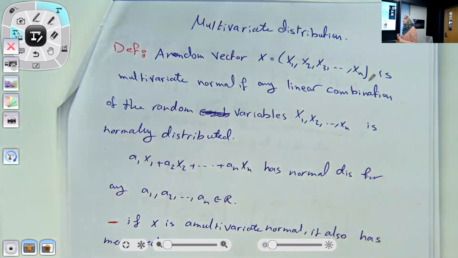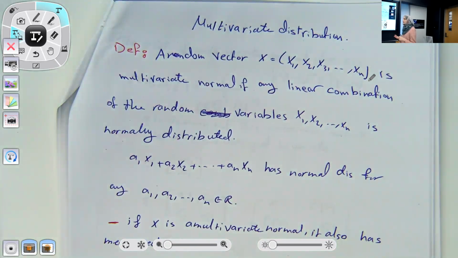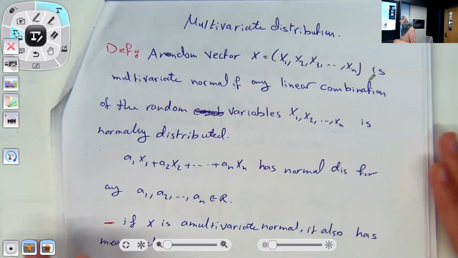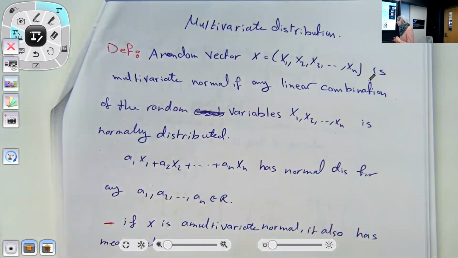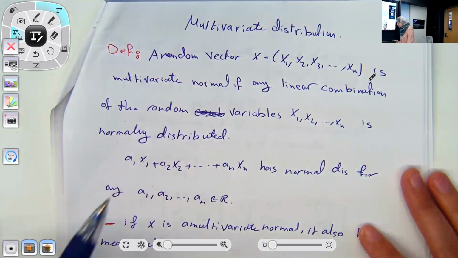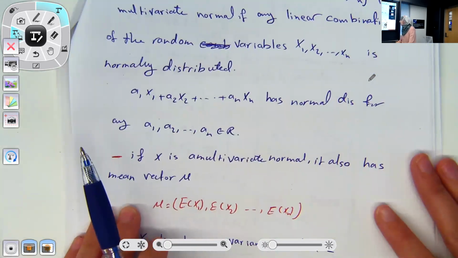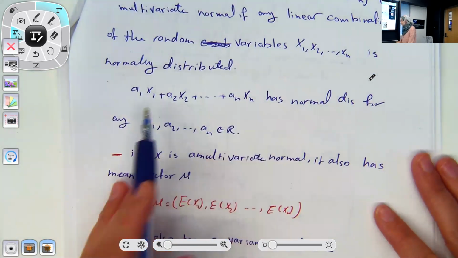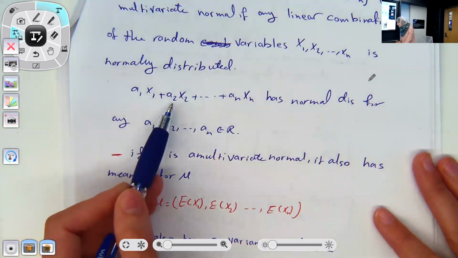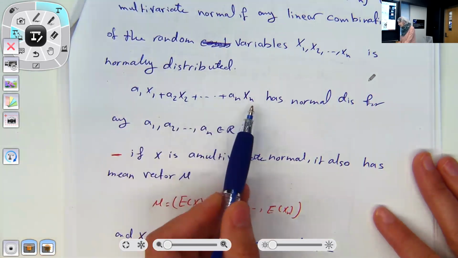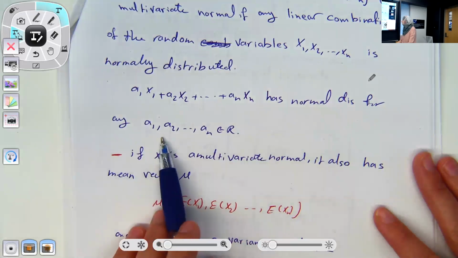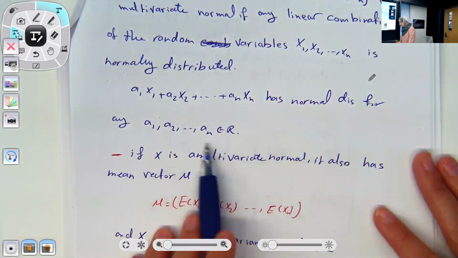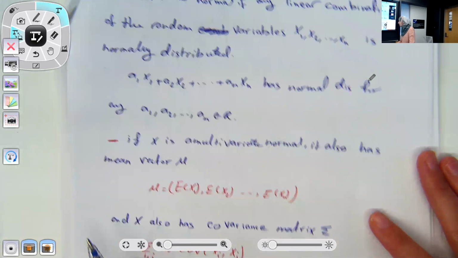Before, if the linear combination between x1 and x2 is normal, we said it's a bivariate distribution, but here we have more than two variables, so we call it a multivariate distribution. We can write a linear combination as a1 x1 plus a2 x2 up to an xn, and a1, a2 up to an all belong to R.